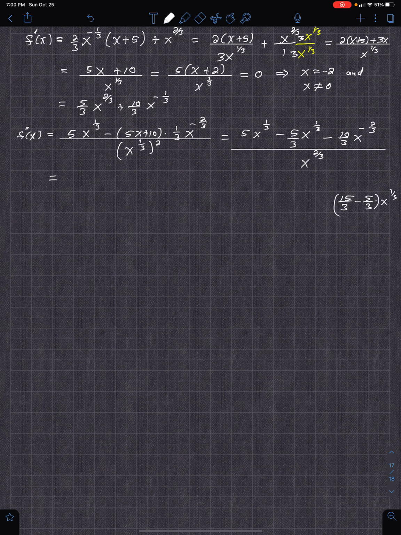So you're adding those coefficients, and that's going to be 10/3 x to the 1/3, minus 10/3 x to the negative 2/3. So you can, let's see, there's something else going on there.